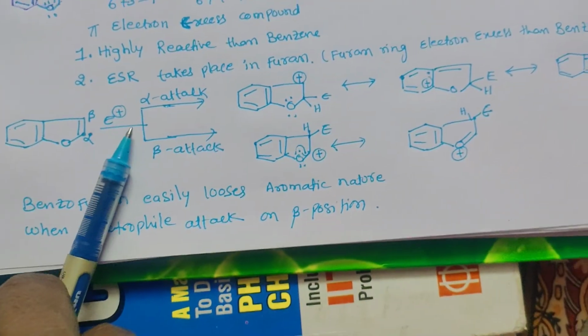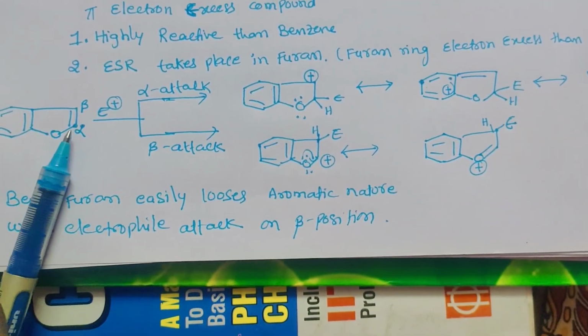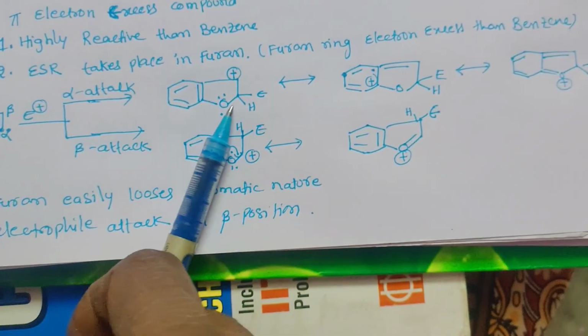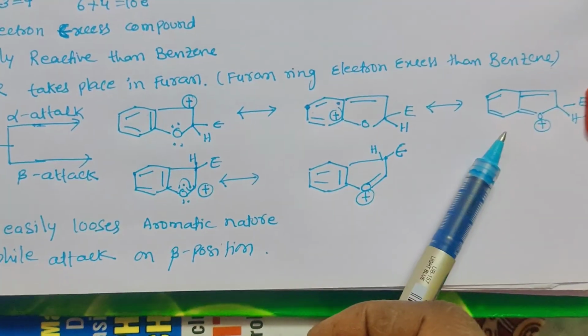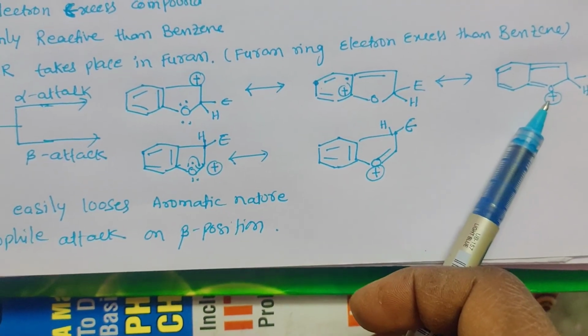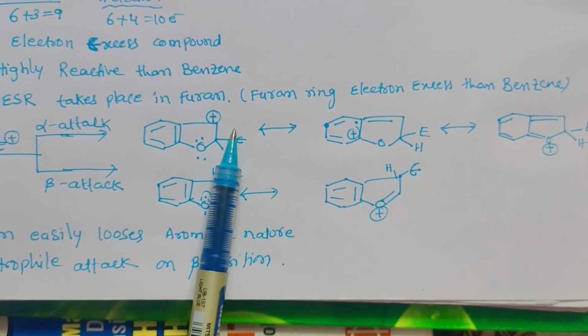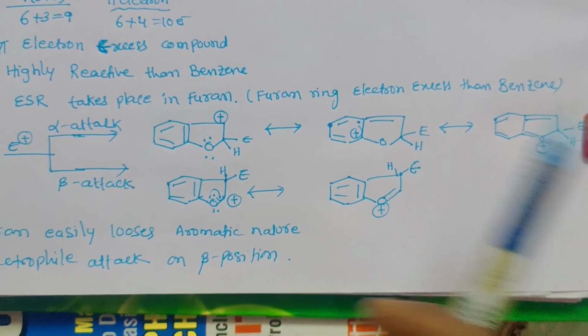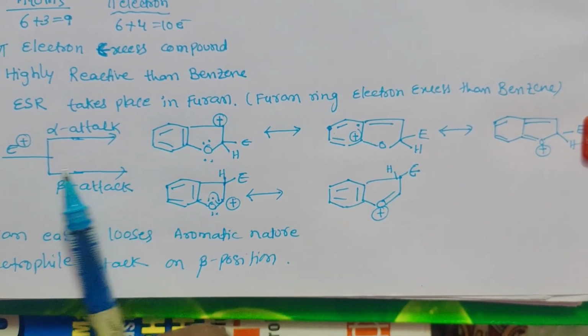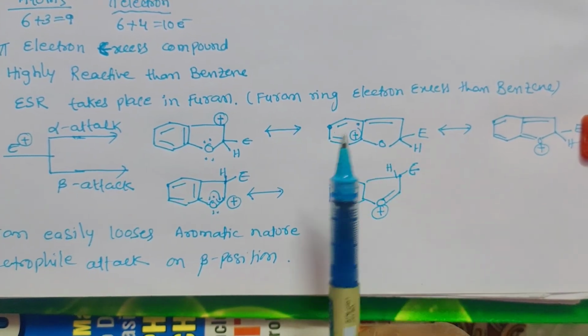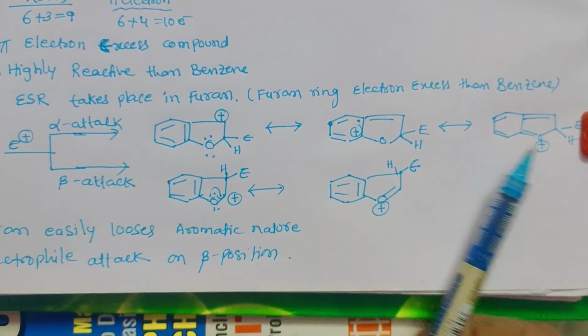So look here, when the electrophile attacks on the alpha position, positive charge appears on the oxygen of the benzofuran in the third structure. That means 3 structures are possible for benzofuran when the electrophile attacks on the alpha position.